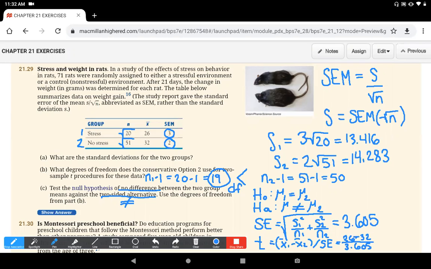That's a subtraction there. I get negative 1.664.